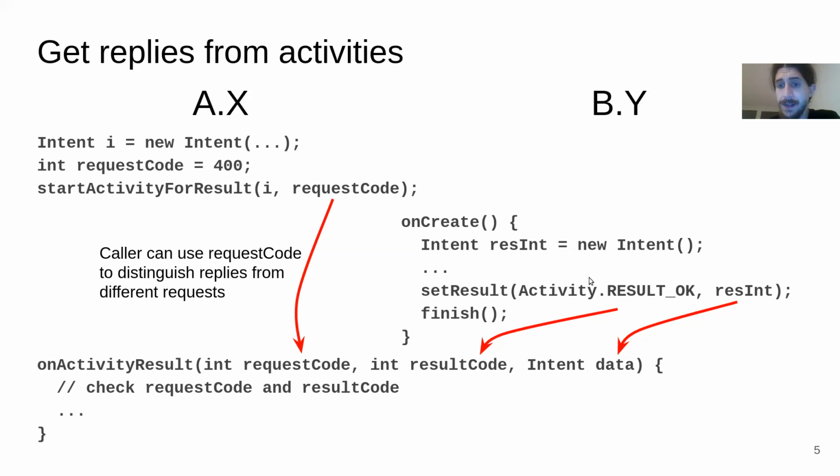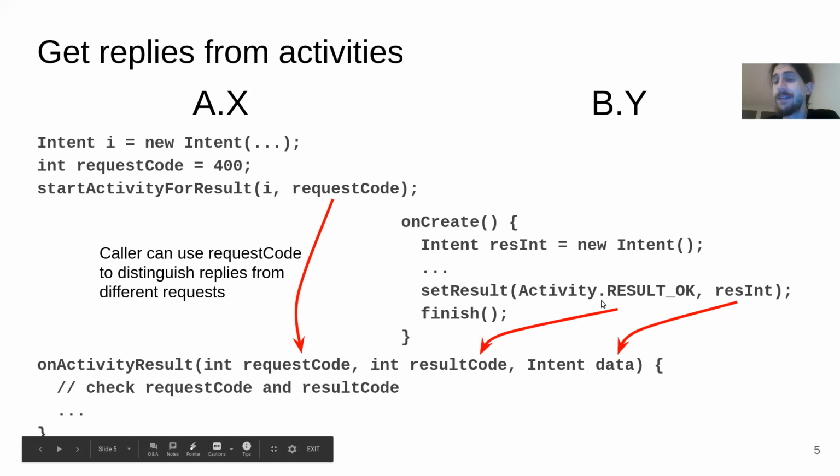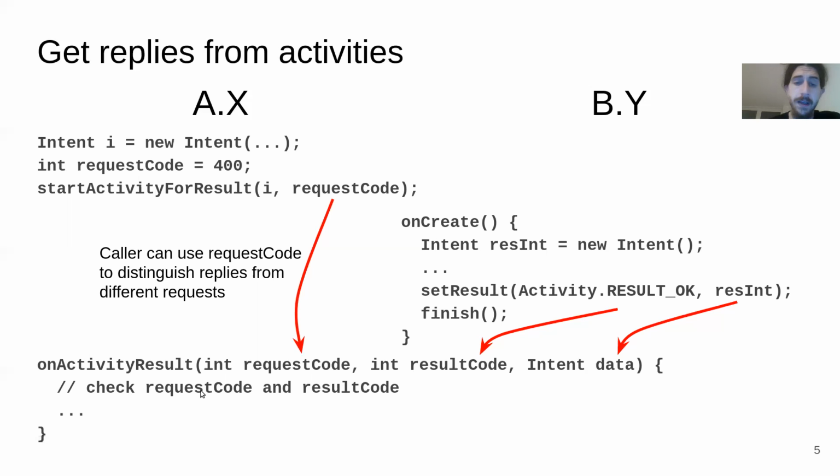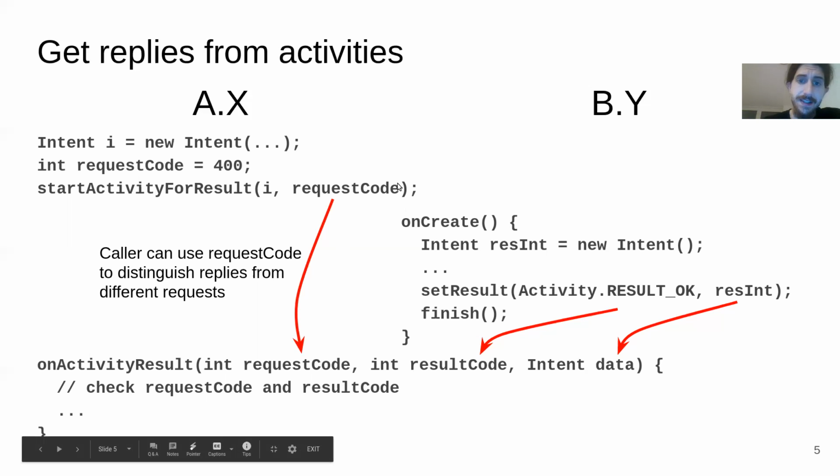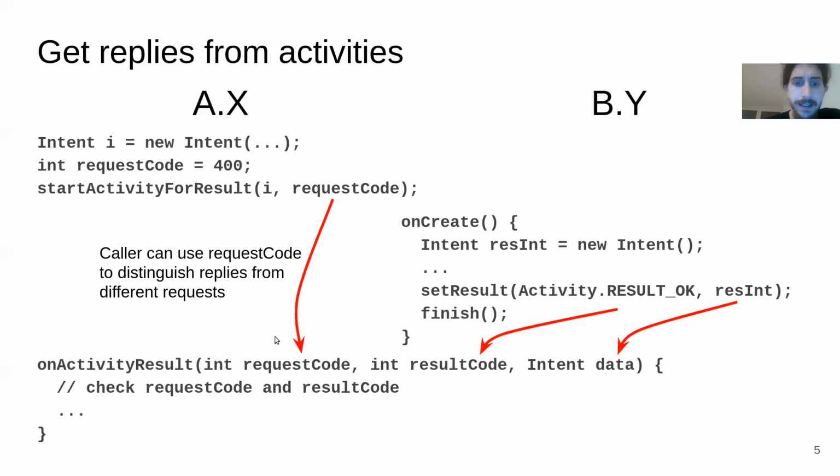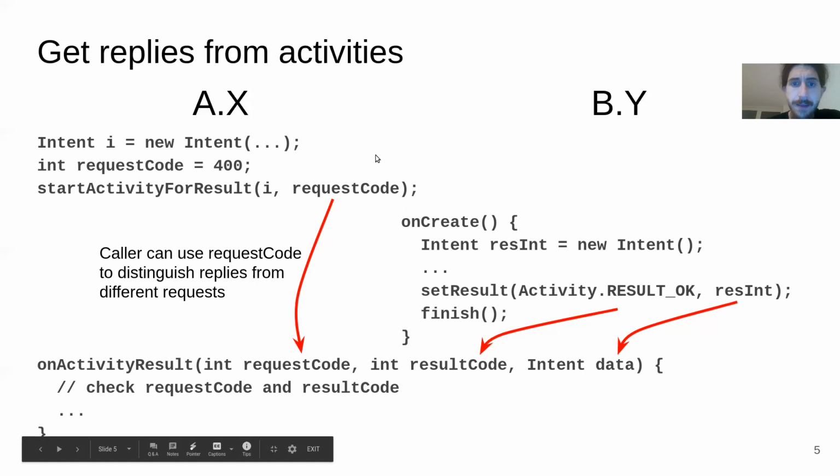It is basically the result code that you set up with the setResult method. So if you do RESULT_OK, then this result code is going to be Activity.RESULT_OK, and so the callback here can have some logic saying, okay, if the result was okay, then do this, otherwise do that. The last thing is this request code. In this case, we put request code 400, and then this number is gonna be coming back here. Why?